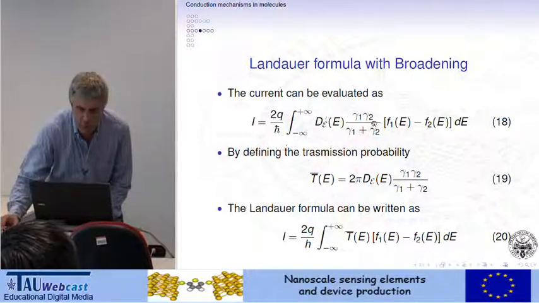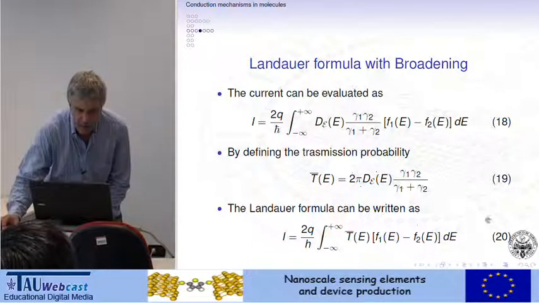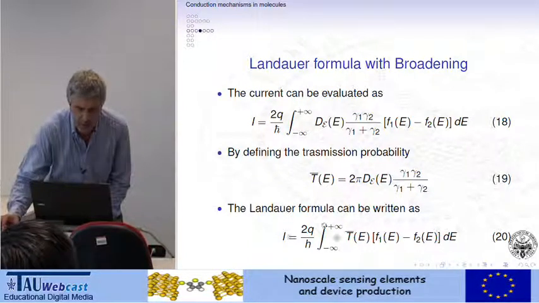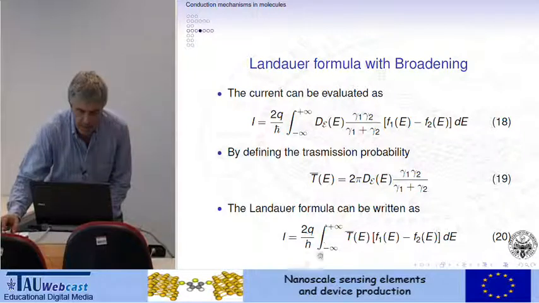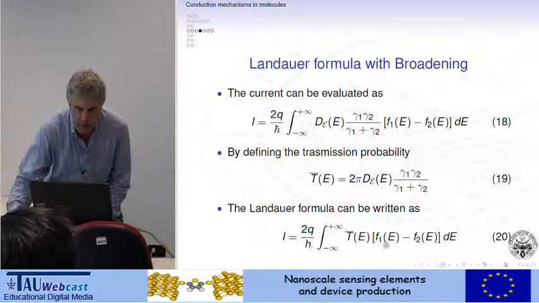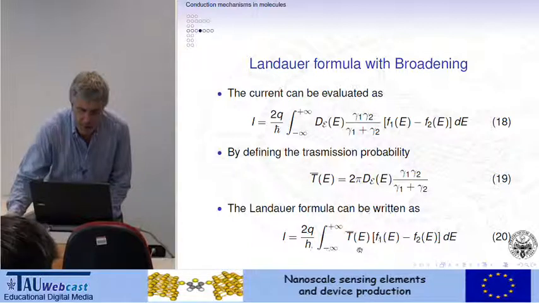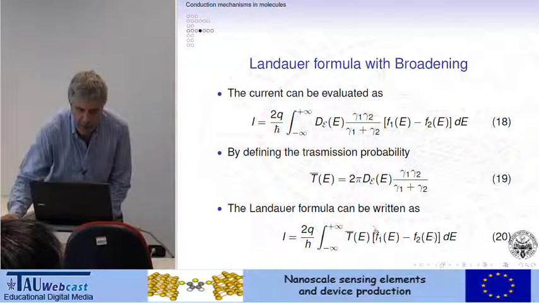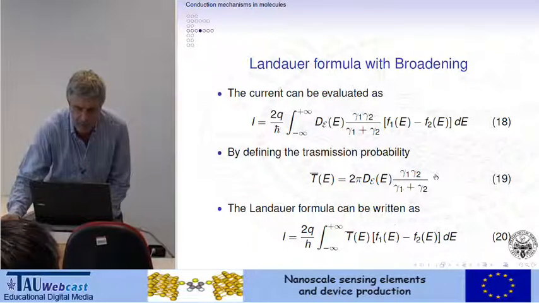It's also possible to rewrite this integral by defining the transmission probability as T equals 2 pi d of E, and so on. So the expression now is quite simple formally: the current I is equal to 2q over h, the integral of the transmission probability multiplied by the difference of the Fermi functions in the two electrodes, in the range of energy involved by the molecular orbital.